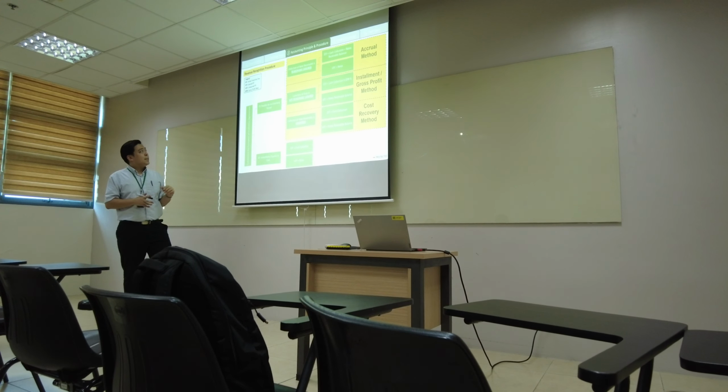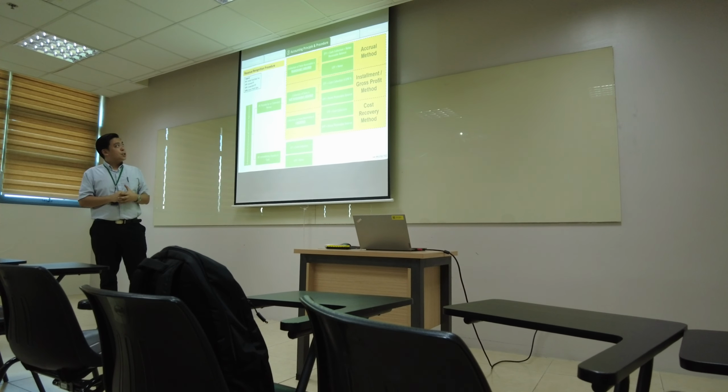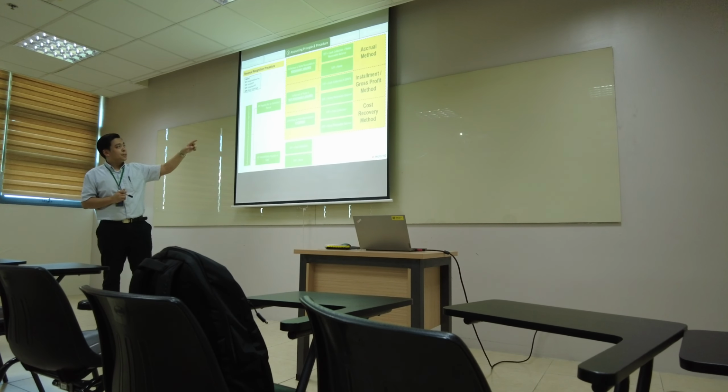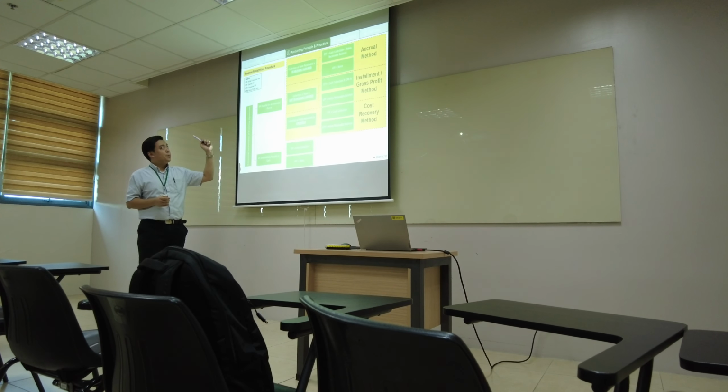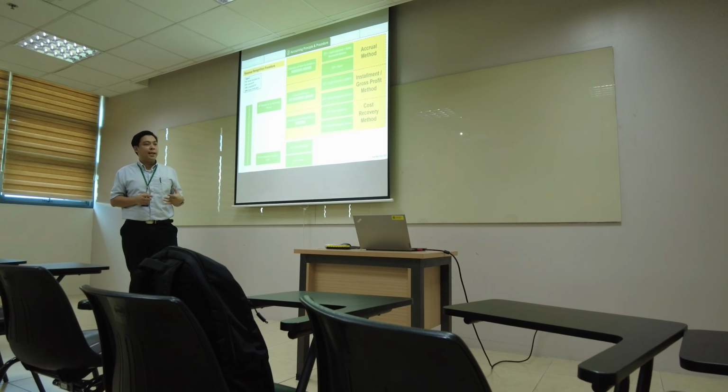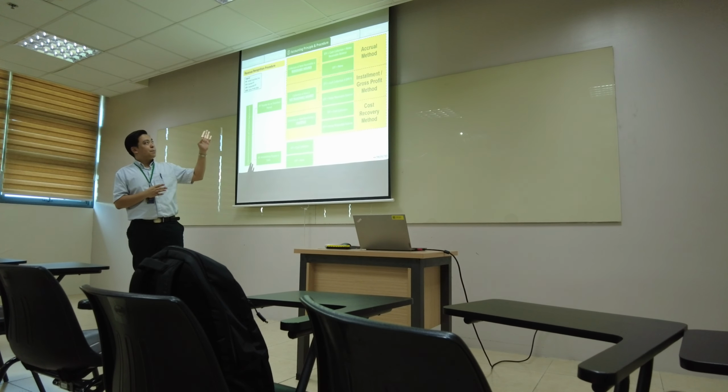Now, if the IFF is payable for an extended period of time, next question is, what is the reasonableness of collection of the notes receivable? Is it reasonably assured, not reasonably assured, or uncertain? So when we say reasonably assured, it's more likely than not it will be collected. So because of this, the proper accounting method to be used is the accrual method. So basically, we will recognize everything already.